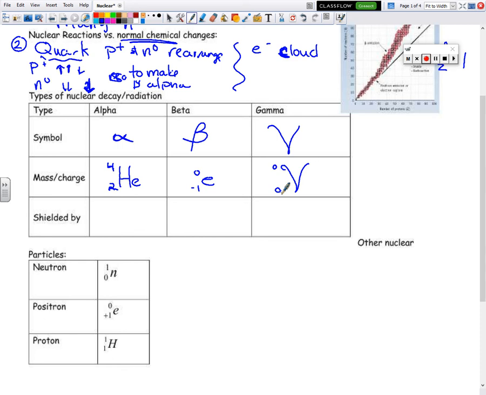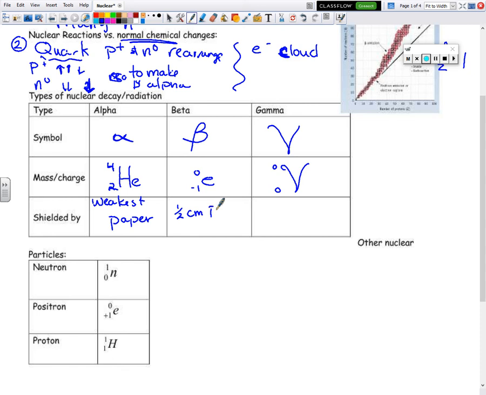In terms of strength, alpha particles are the weakest, and they are shielded just by paper. A piece of paper will block an alpha particle. Beta particles can be blocked by about half a centimeter of lead.